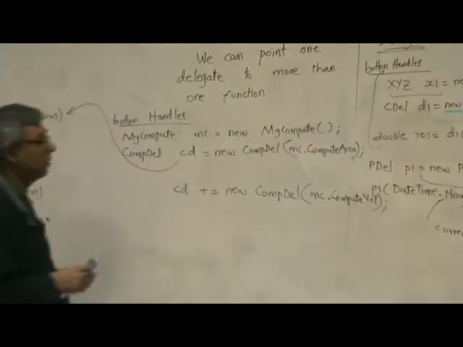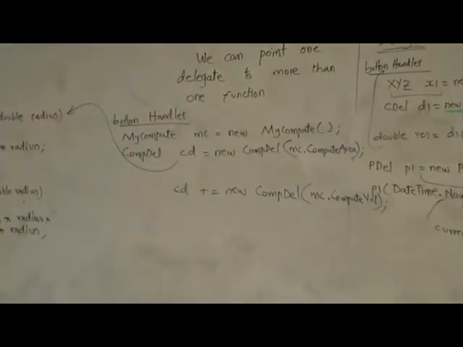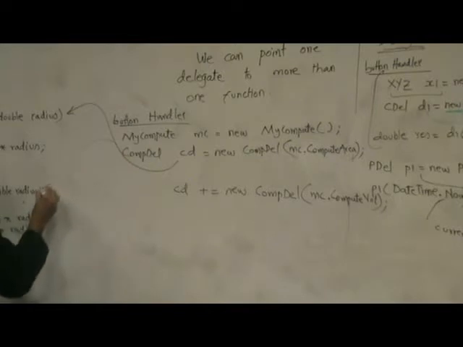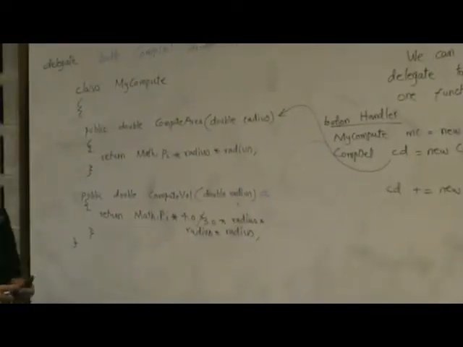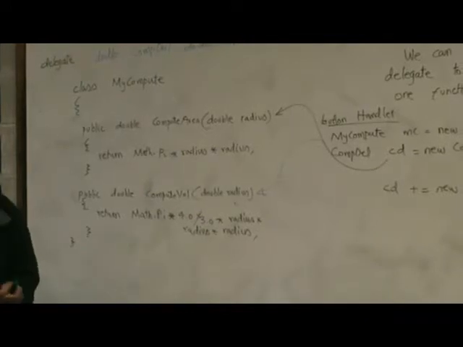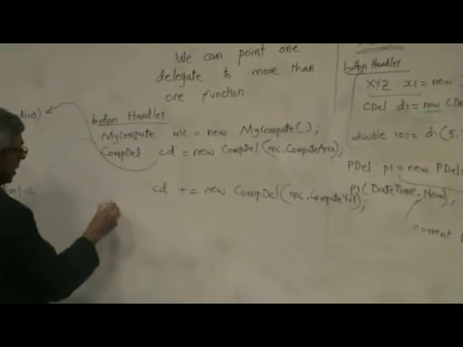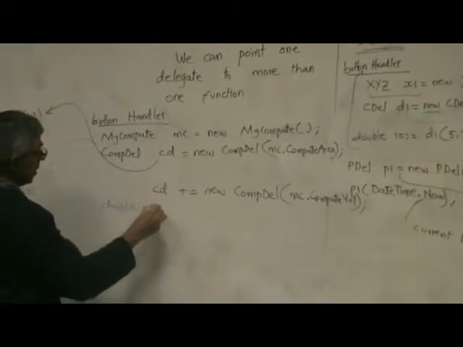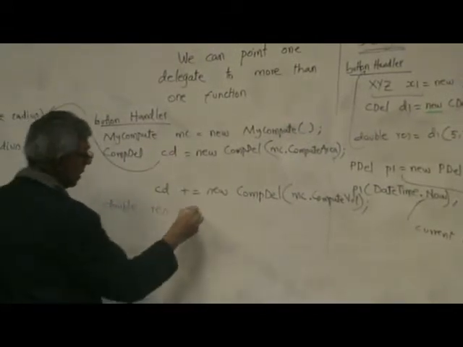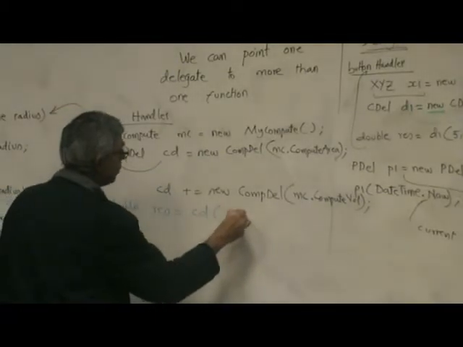Okay, so now take a look over here. Now the same cd, after we execute this line, is also pointing to the ComputeVolume, right? Okay, so now what if I try to do this? double result equal to cd of 2.5.